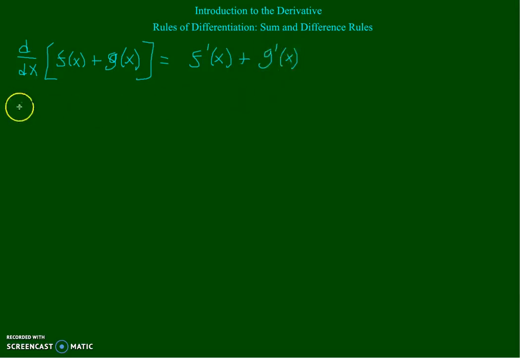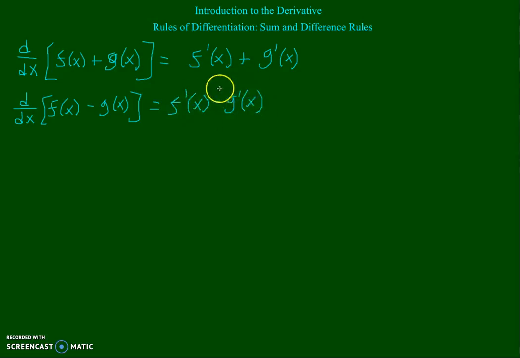Pretty basic. And the difference rule says the same thing, only using differences. f of x minus g of x is f prime of x minus g prime of x.